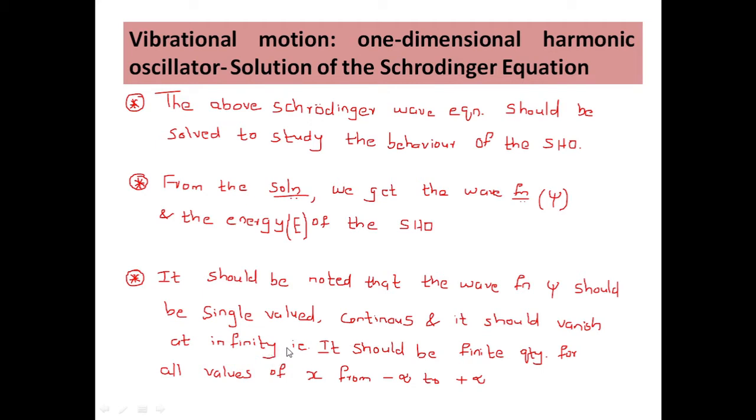That is, for some infinite value of the variable, our wave function should vanish. In other words, it should possess a finite value for the intermediate values of x between minus infinity and plus infinity.